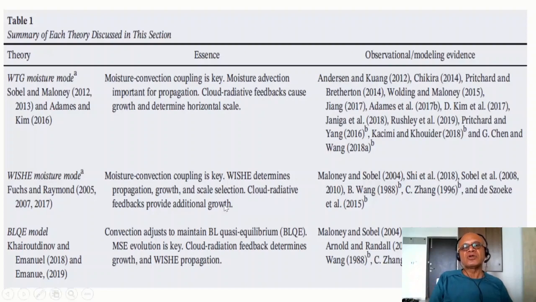Okay, so I'm not going into the details of the deficiencies, limitations, or drawbacks of each model, but the paper provides the details, at least the key points in what is missing in each model.